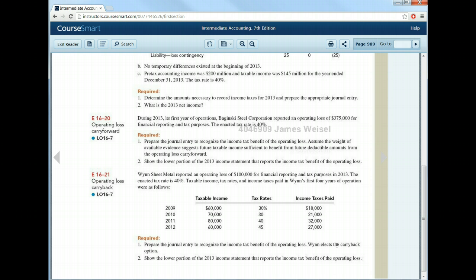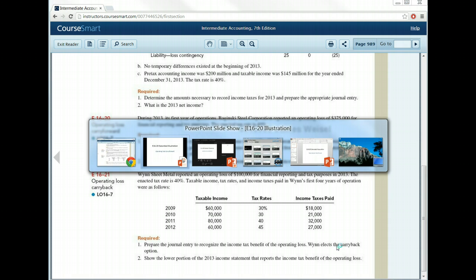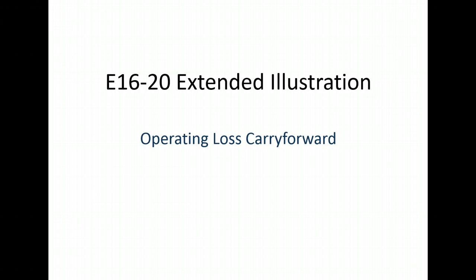So let's talk about how this would apply specifically to Baginski Steel. And I'm going to switch back here to the case. And what I'm going to do here is let's assume that we have that $375,000 loss. And so I'm going to go ahead and follow the same process. Even though we're specifically dealing with net operating loss here, you want to follow the exact same process, the exact same organization of data that we've been doing all along.